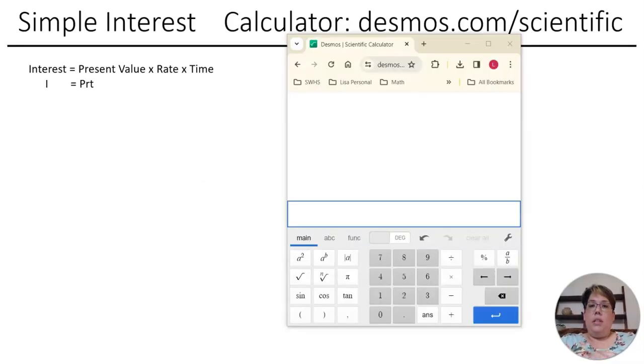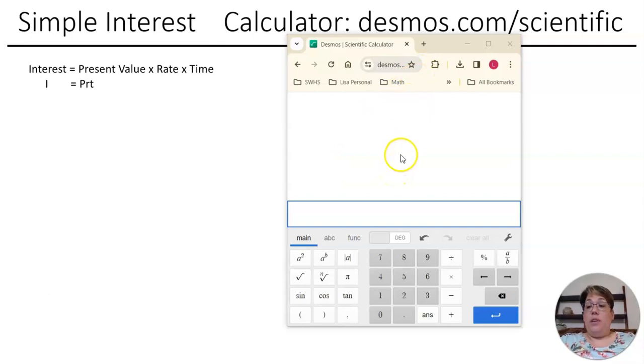Okay, so we're going to start out talking about simple interest, and this is the calculator that I like to use for this particular chapter. This is the calculator from Desmos.com, their scientific calculator.